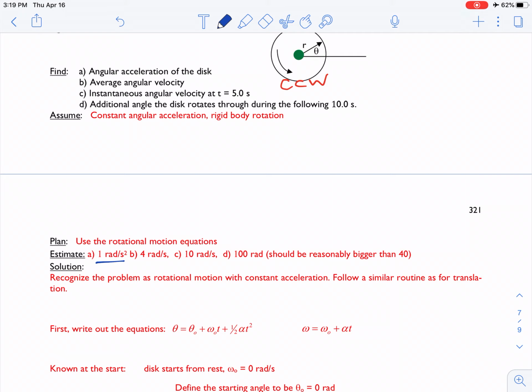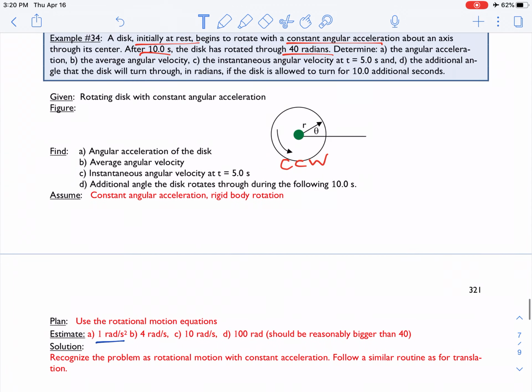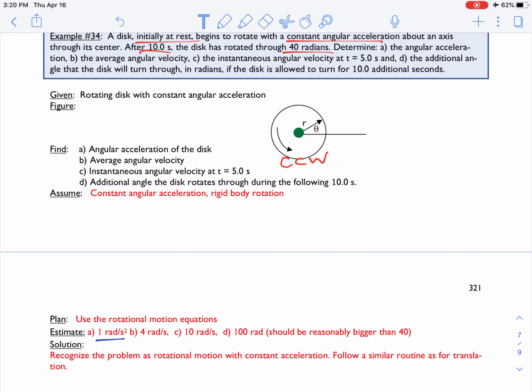But instead of v and x, we have omega and theta, and we know it has turned 40 radians, and that's my delta theta divided by the time interval. So it's going to be 40 divided by 10, and I'm going to get 4 radians per second. That's my estimation. It was pretty easy that we could do it in our heads.